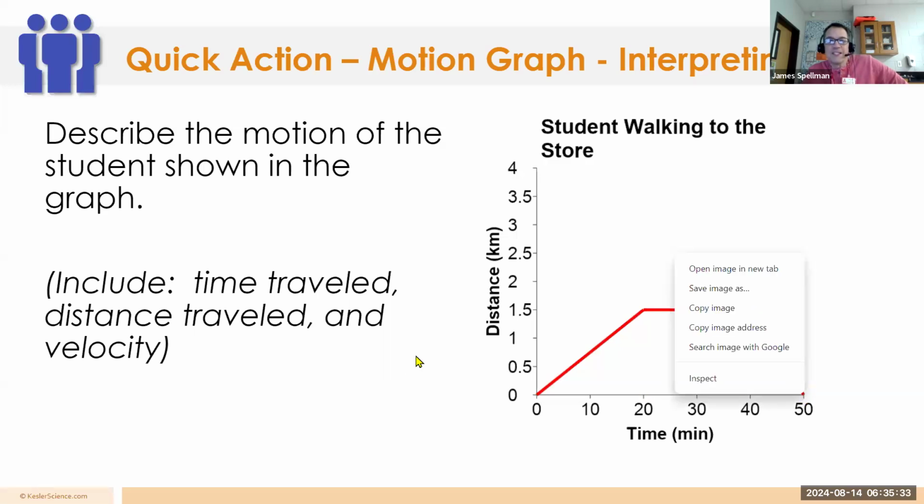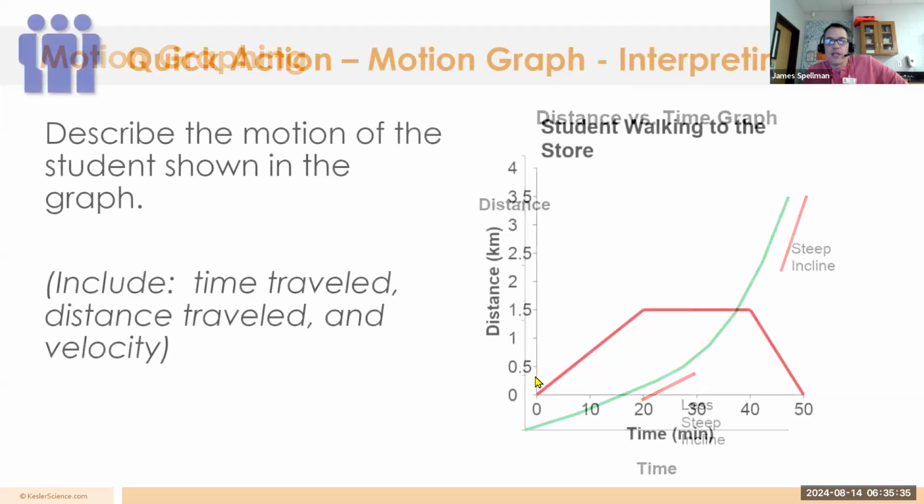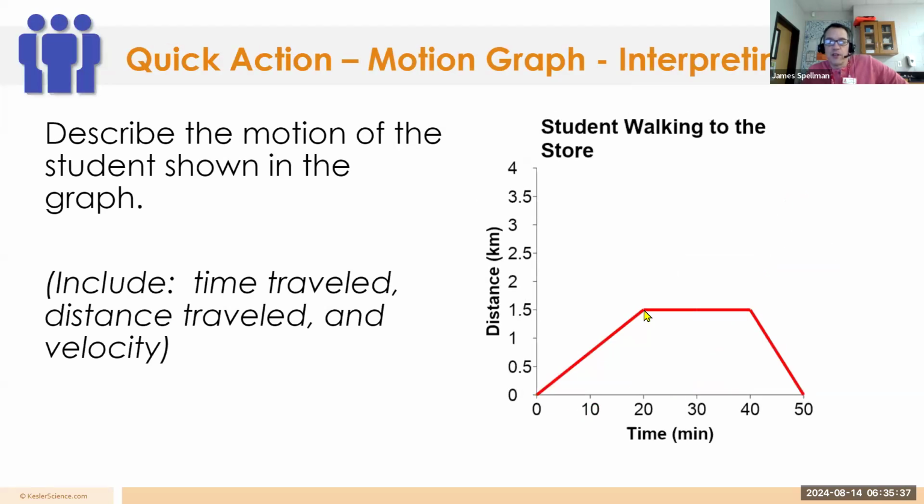Now, in terms of distance, we look at the up and down. This one starts at 0 and it ends at 1.5. So that's a 1.5 distance traveled. The second segment is flat, so it doesn't travel any distance. And the third one goes from 1.5 back to 0. So that's a -1.5. If we put all that together to do velocity, this first segment goes up 1.5 and it goes over 20.